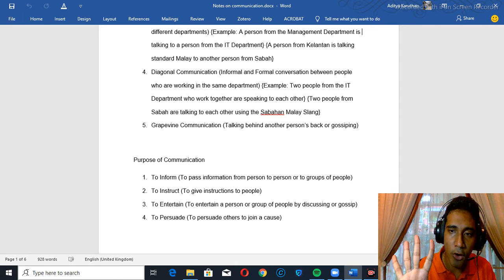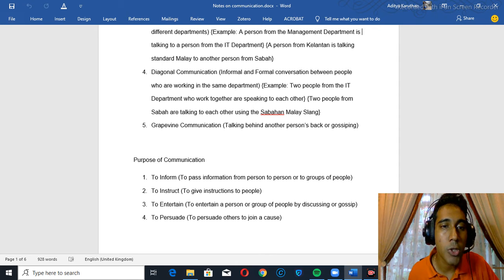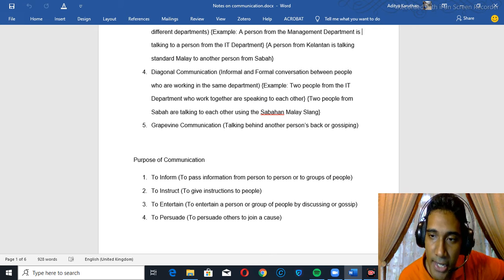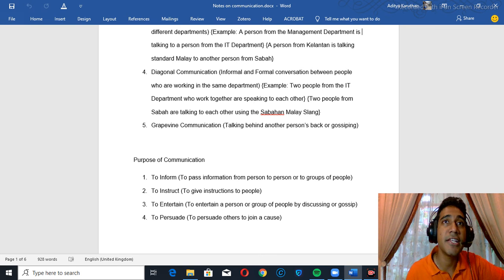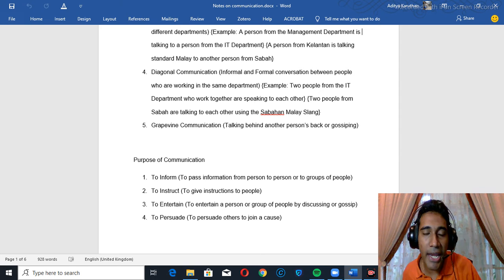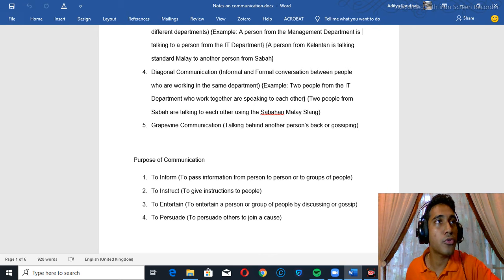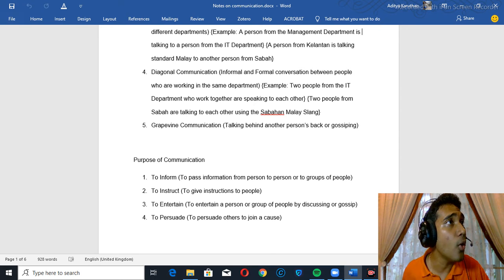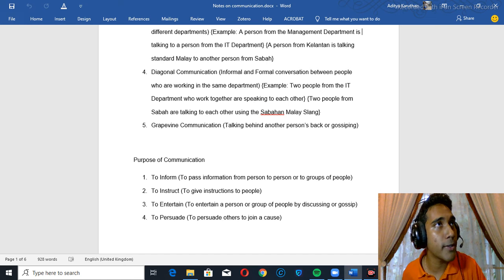And number 4 is to persuade. For example, there is to be an election, and this candidate, let's call him candidate A, comes to the stage and tells you why you should vote for him.